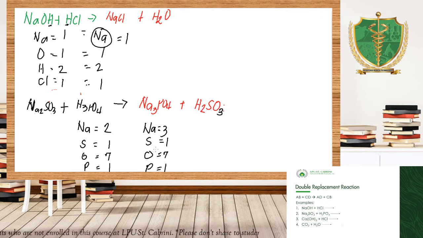So we add here 3. 3 times 2, 6. Okay? 3 times 1, 3. So 3 times 3, 9 plus 4.